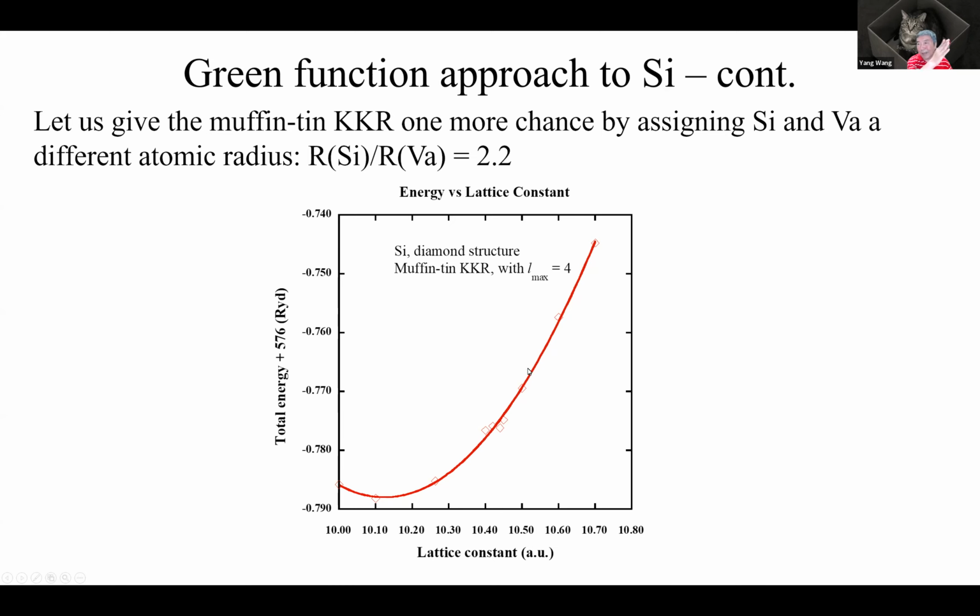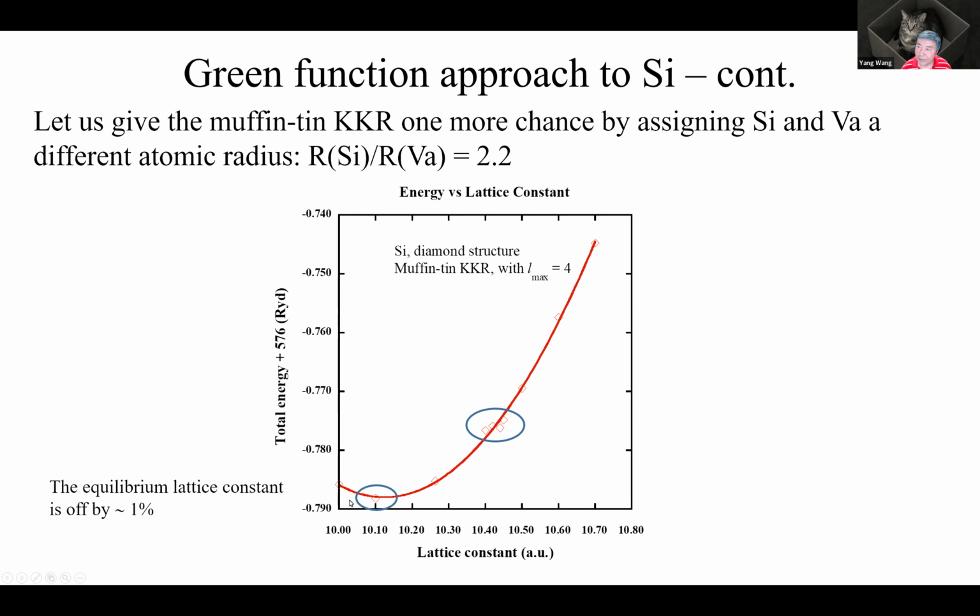So I got a result not unlike what I got before, where the energy keeps on decreasing as I have larger lattice constant. Rather, it seems like getting a parabolic curve, except there's some jiggling around here. It's not quite smooth, so something is still not correct, right?